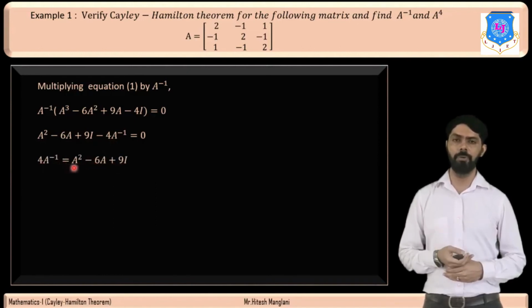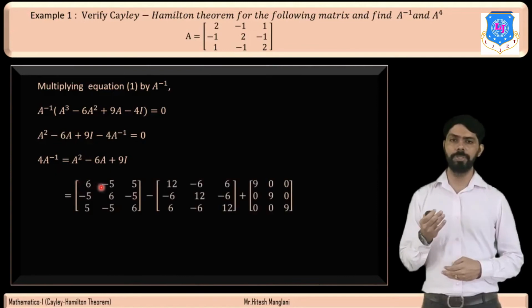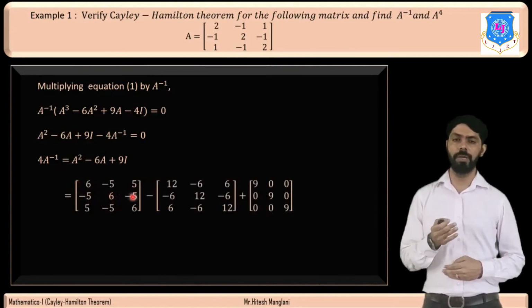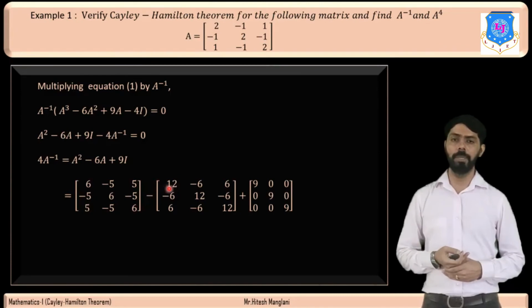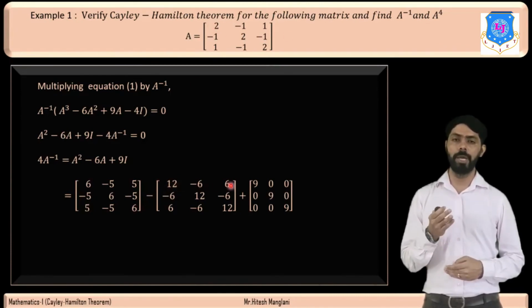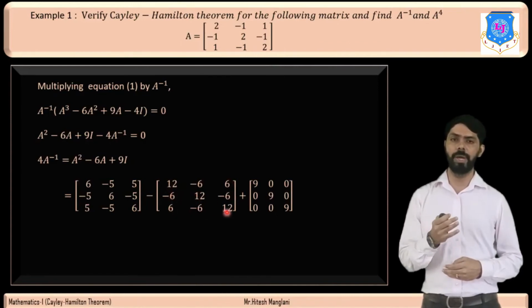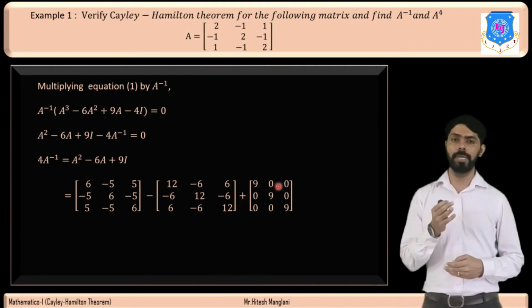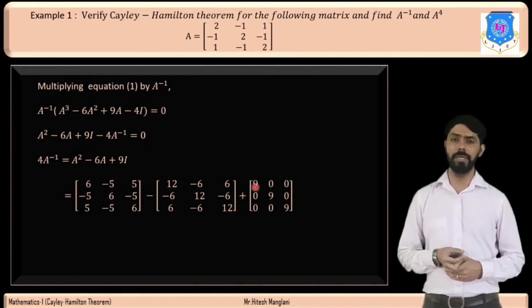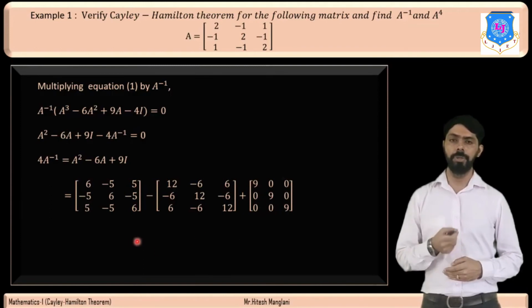Now as we have already found A square, A square is [6 -5 5; -5 6 -5; 5 -5 6], then minus 6A. So here we will have to multiply all the elements of A by 6. So it will be [12 -6 6; -6 12 -6; 6 -6 12], plus 9I, where I is identity matrix of order 3. Therefore 9I will be [9 0 0; 0 9 0; 0 0 9].